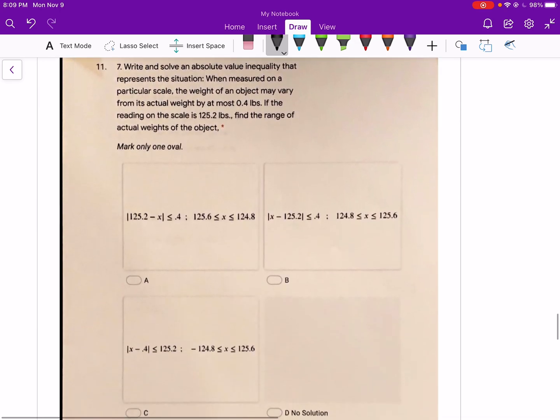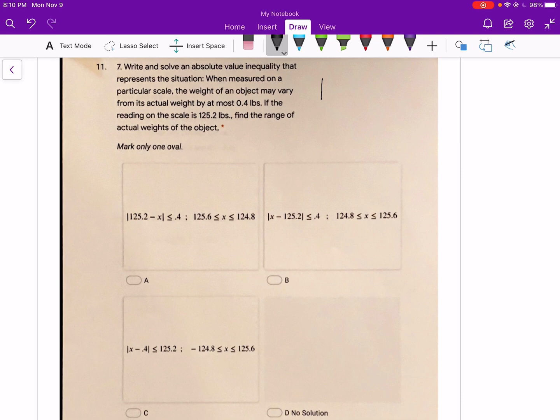Number 7, write and solve an absolute value inequality that represents the situation. When measured on a particular scale, the weight of an object may vary from its actual weight by at most 0.4 pounds. If the reading on the scale is 125.2 pounds, find the range of the actual weights of the objects.